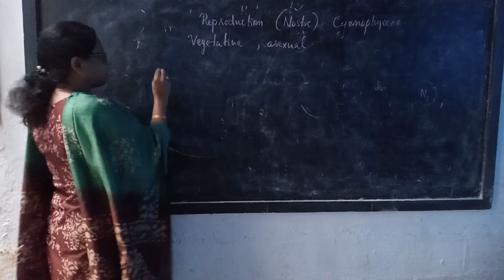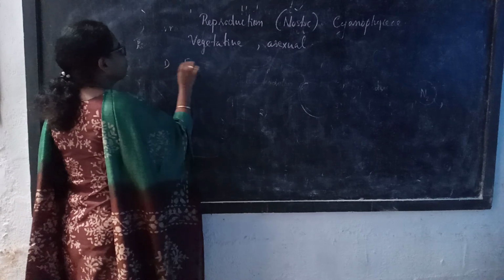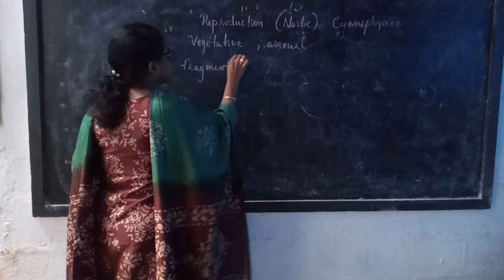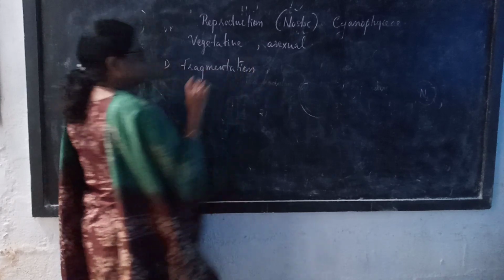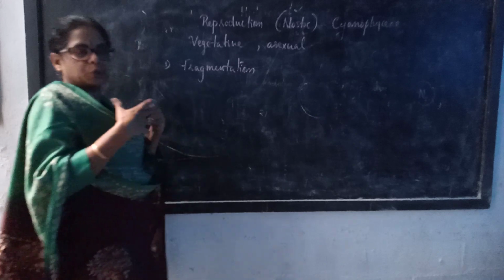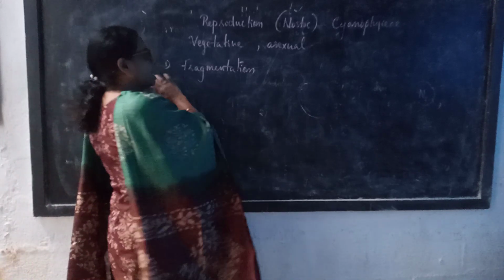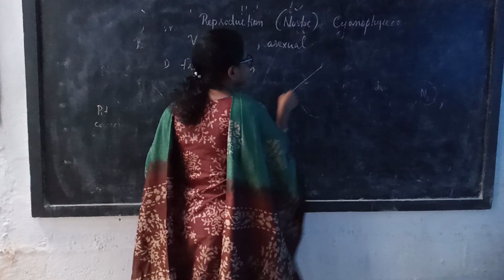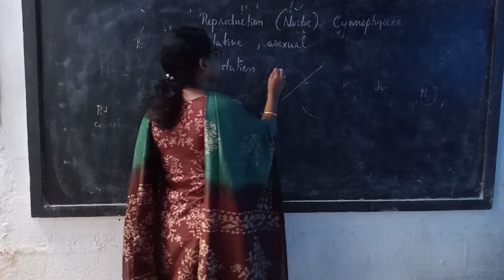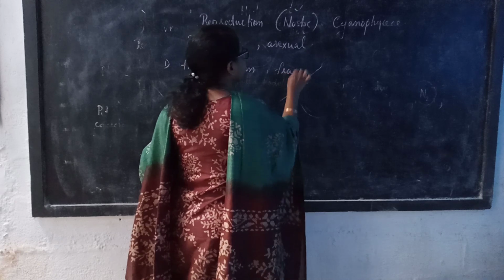And the vegetative reproduction, first of all, is by fragmentation. We have already seen fragmentation. The filament, the trichome, can undergo accidental breaking, maybe due to wind or something like that. It can break at the region of heterocyst into fragments, and the fragments are called hormogonia.